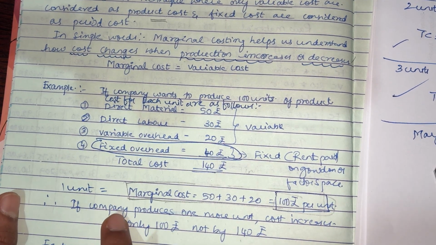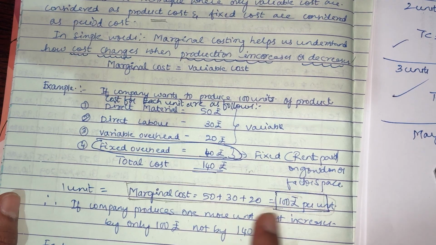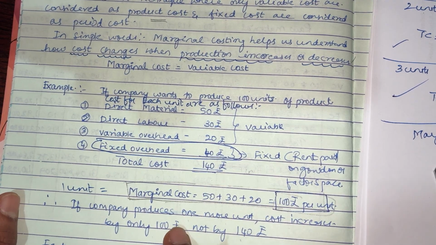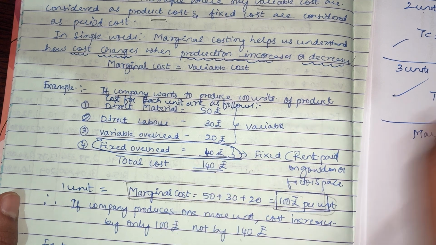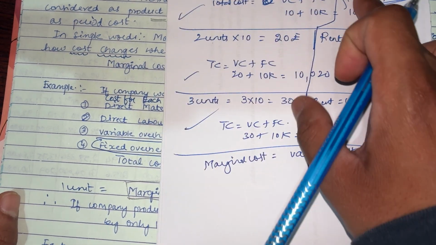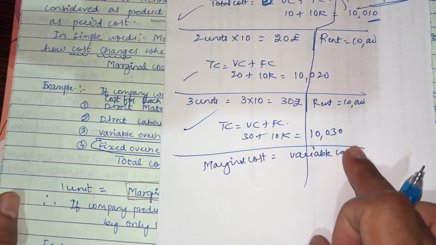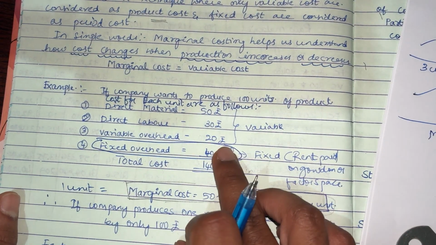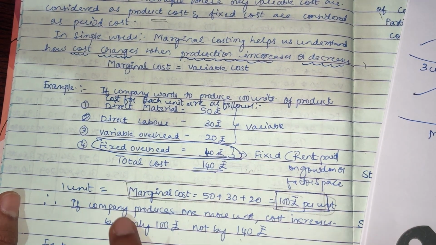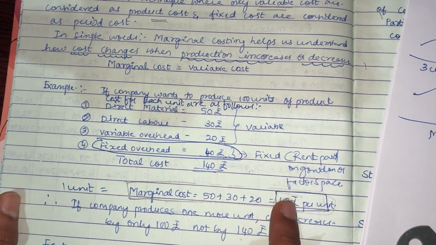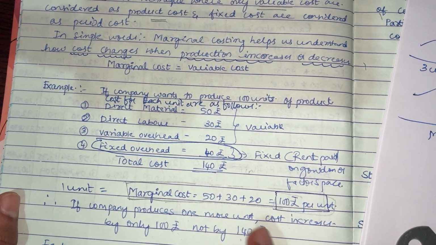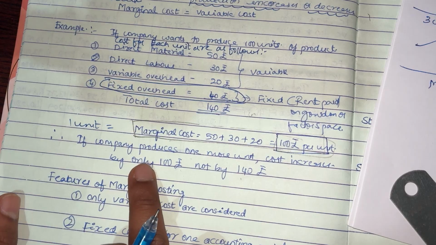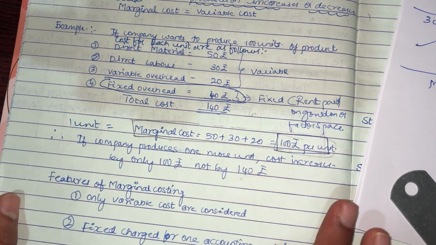This means that when a company produces one more unit, cost increases by only 100 rupees, because we never take this 40 rupees into consideration, because it will remain fixed. As we also saw in the earlier example, 10,000 was never getting fluctuated, only the variable cost fluctuates. So if a company produces one more unit, the cost will increase by only 100 rupees, not by 40 rupees. So marginal cost is nothing but your variable cost.